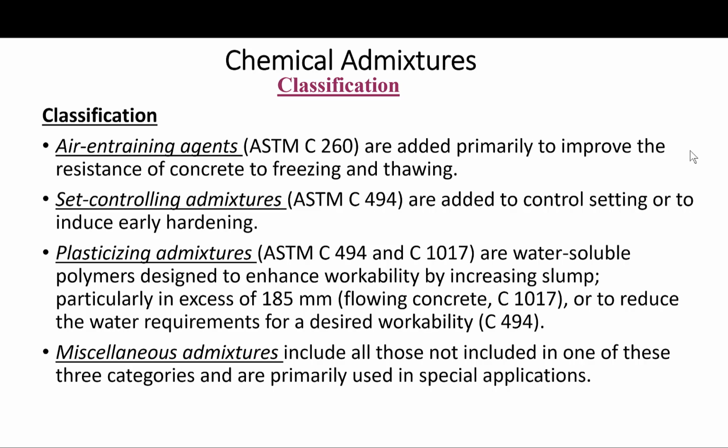The first being the air entraining agents, according to ASTM C260, which are added primarily to improve the resistance of concrete to freezing and thawing. Okay. The second being the set controlling admixtures. Those are classified under ASTM C494, which are added to control setting or to induce early hardening.